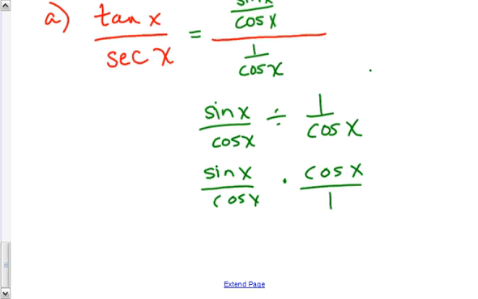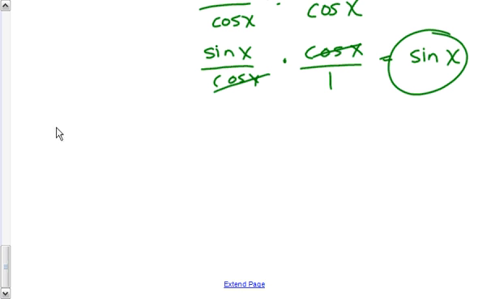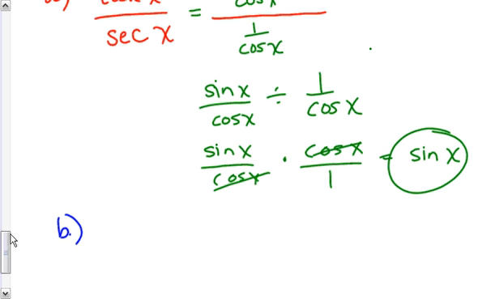What happens to this cosine? It's just algebra. You put it in terms of sine and cosine, and you simplify first using your algebra skills. So this should make y'all feel a whole lot better.